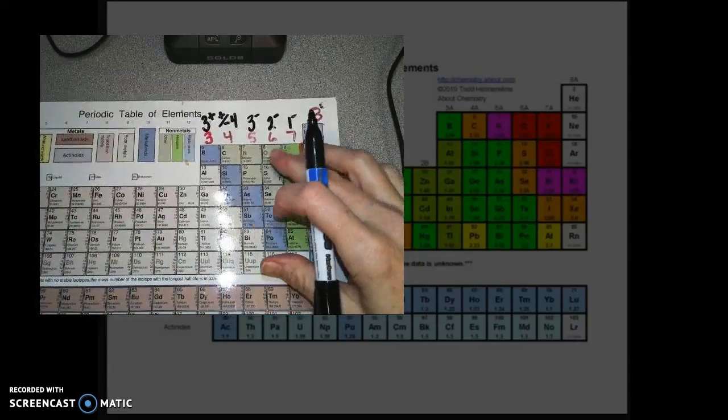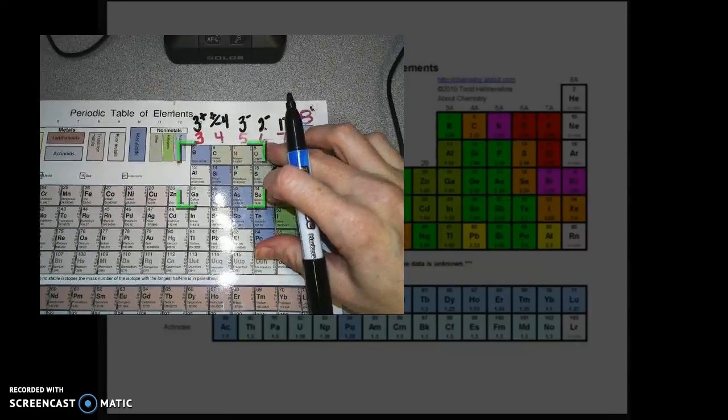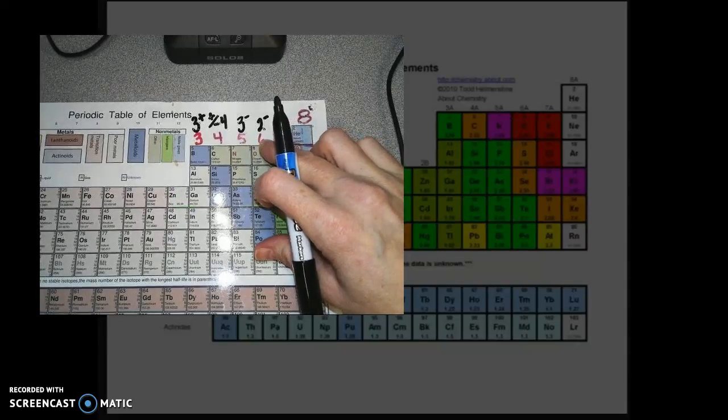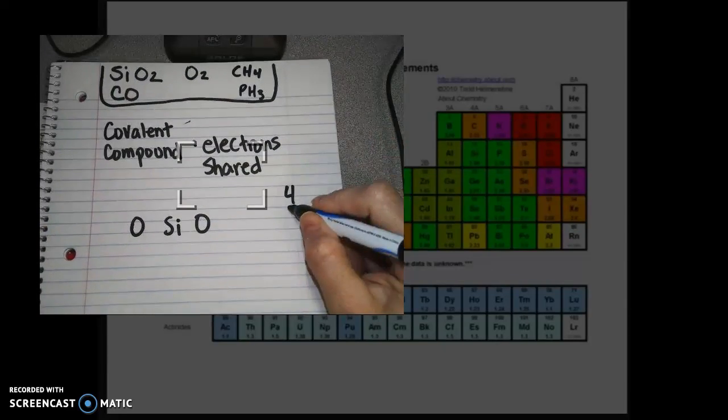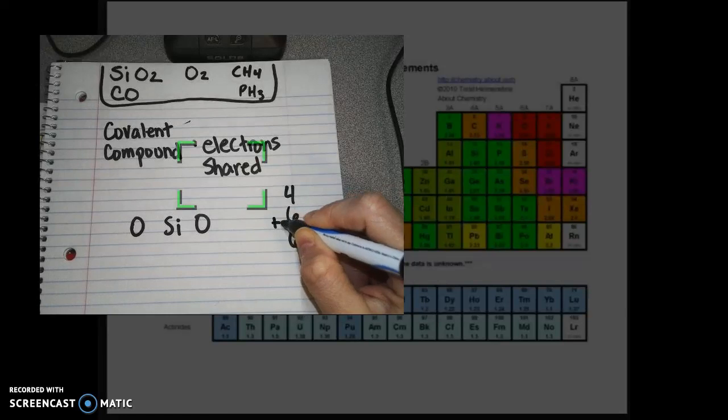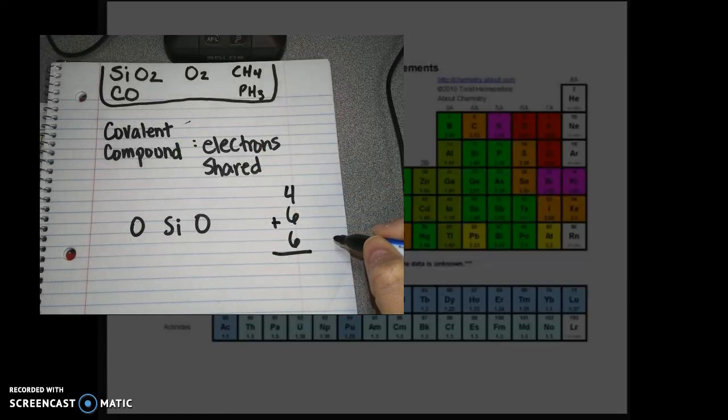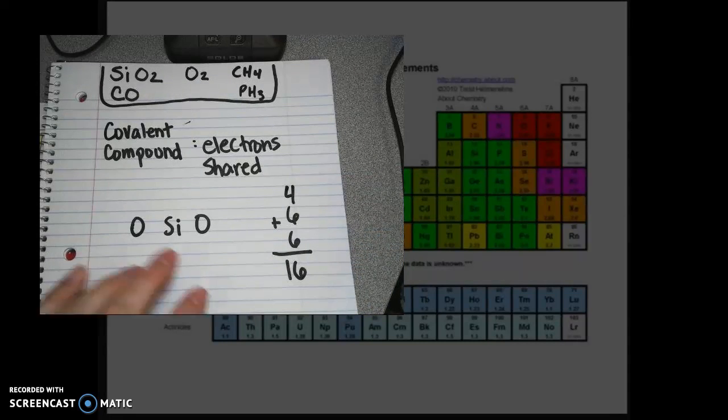Oxygen has 6 valence electrons, and we've got 2 of them. So we'll add those together. 12 plus 4 is 16 total valence electrons. So now this molecule is going to share those 16.